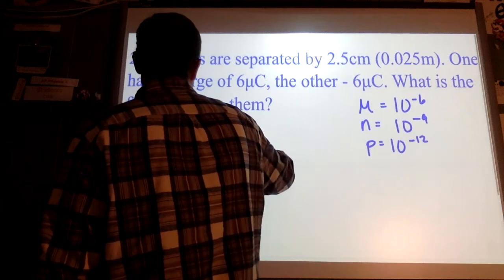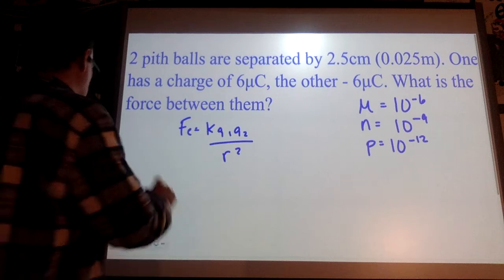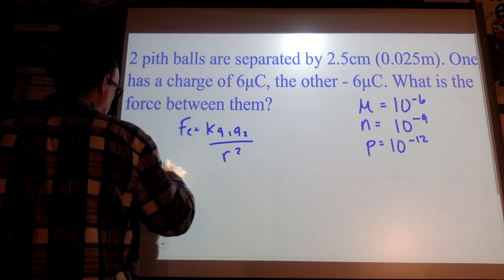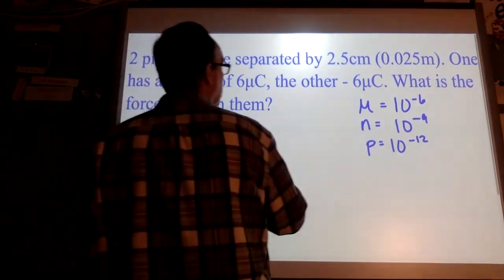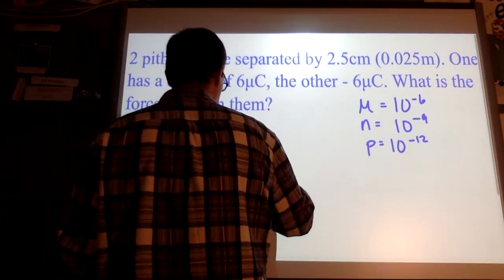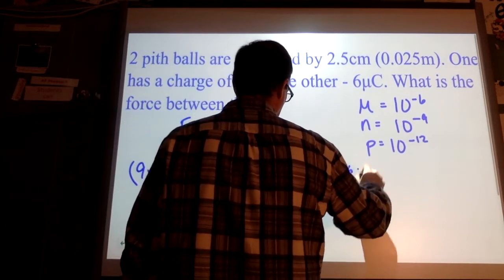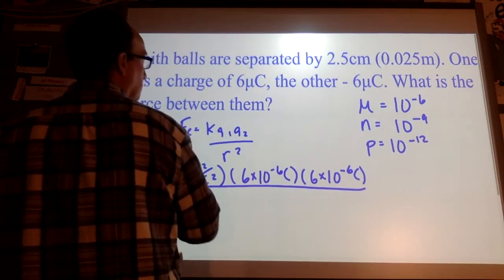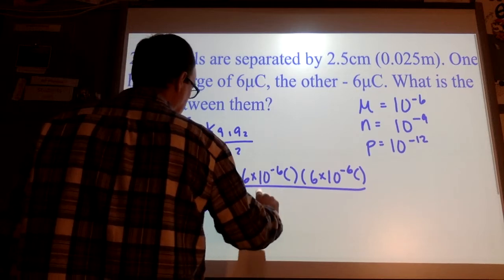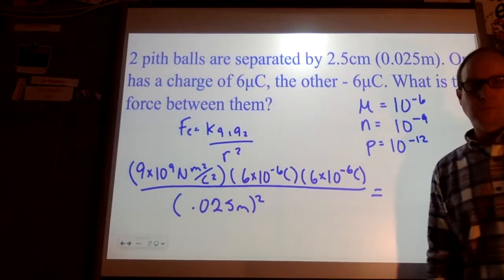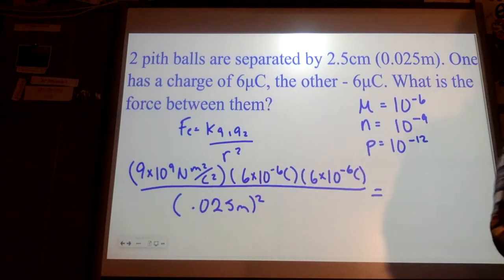So again, I'm going to leave out the charge sign. I'm going to write down my equation that is Coulomb's law. And again, instead of writing out the micro, I put in the 10 to the negative 6.